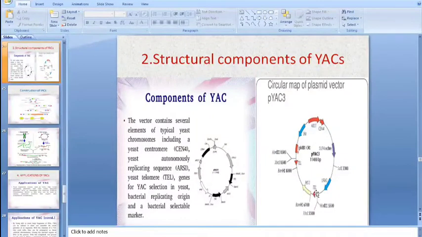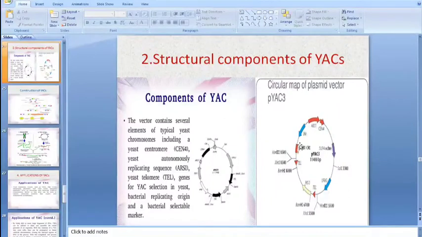This TEL, or telomere, is the part of the yeast cell. It can convert the circular plasmid into a linear plasmid. And the fourth one is the gene for selection in yeast.